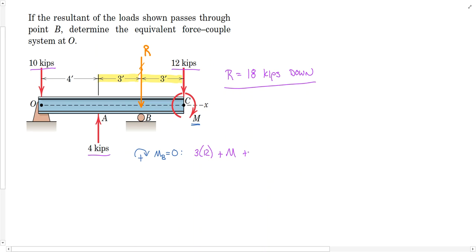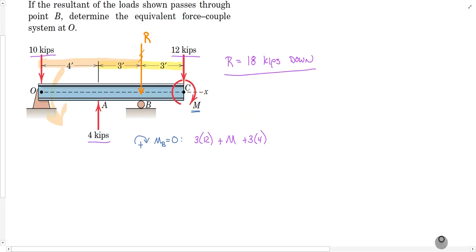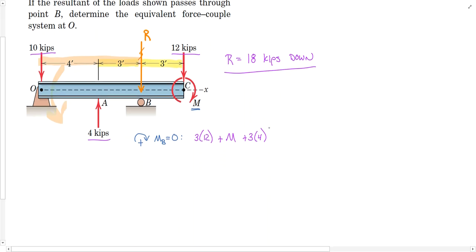So we have plus 3 times 4. And then the 10 kip force will create a moment around B. It is 7 feet away, and it's going to create a counterclockwise moment, which for us we have called negative in this instance. So minus 7 times 10, and that's equal to 0.